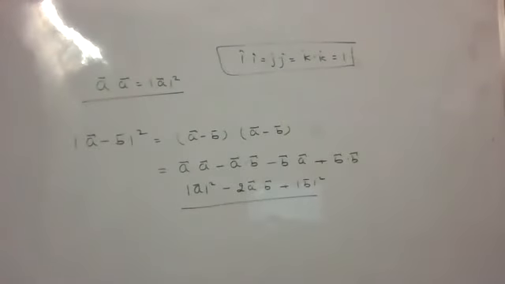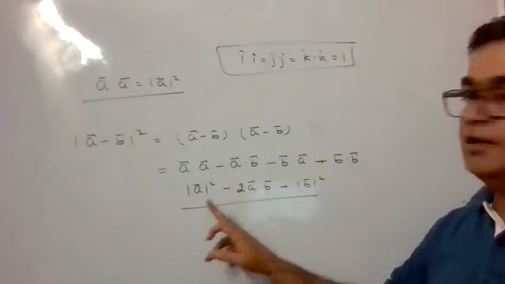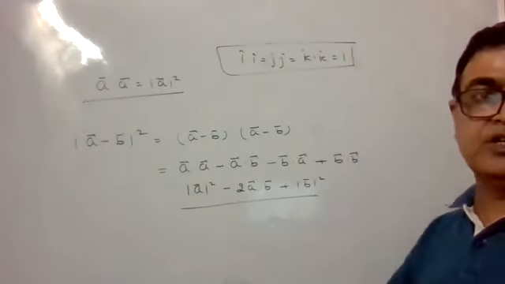So this formula also you should remember: magnitude of A minus B whole square is magnitude A square minus twice A dot B plus magnitude of B square.